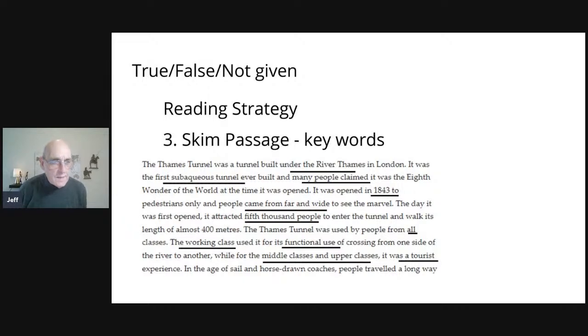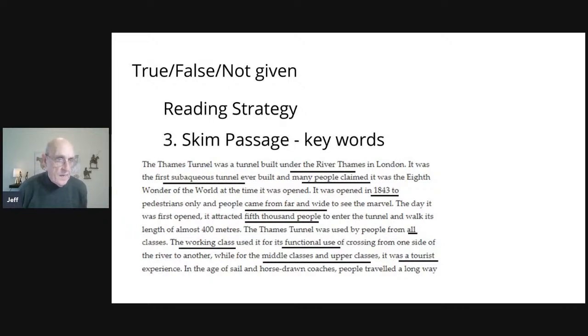And then I come and say, many people claimed it was the eighth wonder of the world. And I remember seeing eighth wonder of the world, and that many said that the Thames Tunnel was the eighth wonder of the world. That's just reaffirming for me I'm in the right place to find the answers I'm looking for. In the next line, I have 1843.